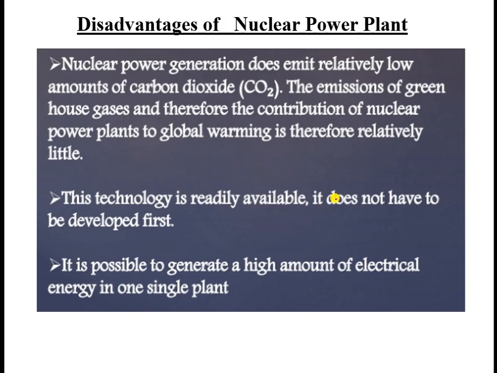What are the disadvantages? No doubt about it. To handle these plants requires nuclear shields and all those things. Handling the nuclear fuel is a very difficult task, as is the waste coming out after the nuclear reaction.